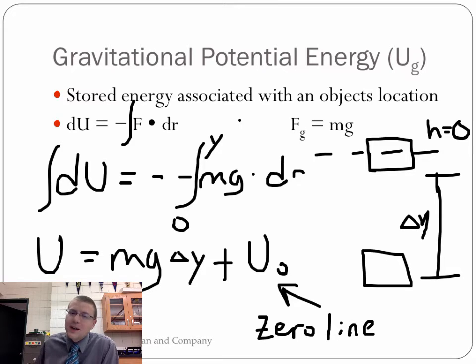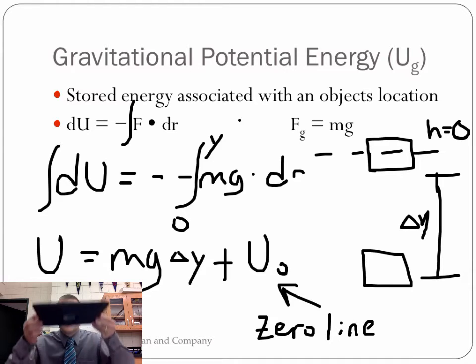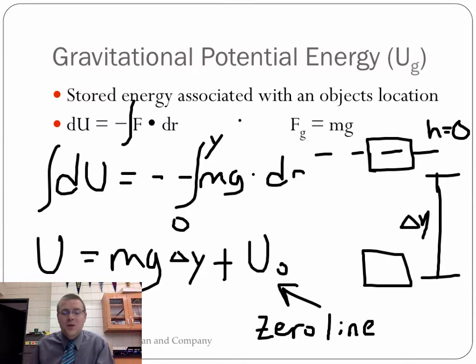In a problem, the easiest thing for us to do is put the zero line usually at the bottom of our hills or the bottom of our scenarios. We'll take the gravitational potential energy of this iPad to be 0 on the table, and as I lift it off the table, I'm increasing the y displacement and increasing the amount of gravitational potential energy.